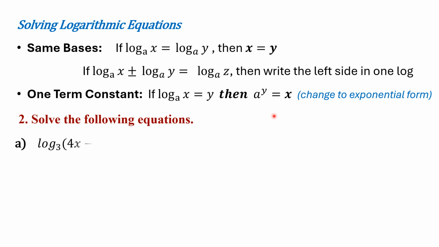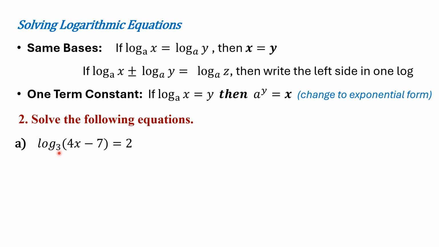The first equation is log base 3 of 4x minus 7 is equal to 2. This example is with the second case because there's only one log on the left and a constant on the right side. So you can change this log to exponential form, but make sure that the coefficient of log here is only 1.